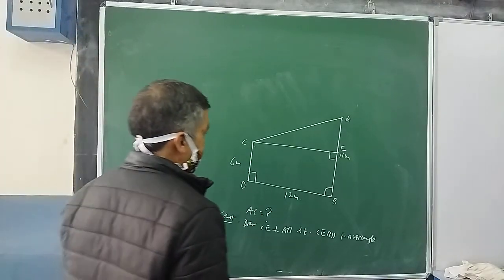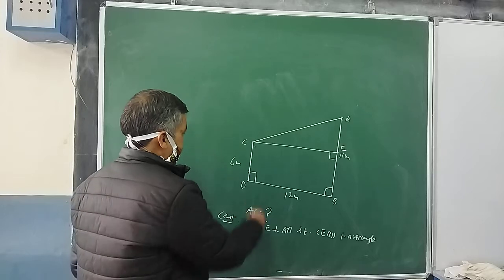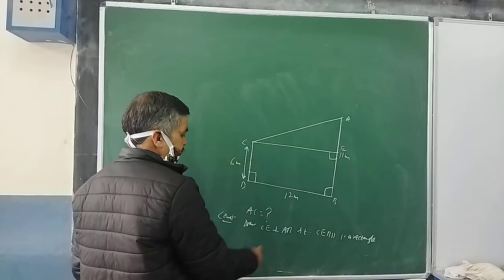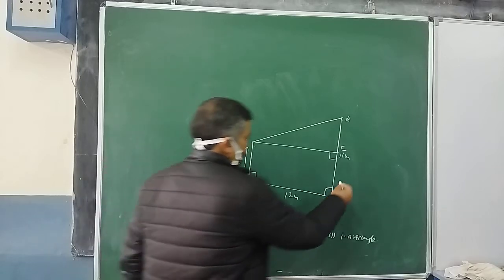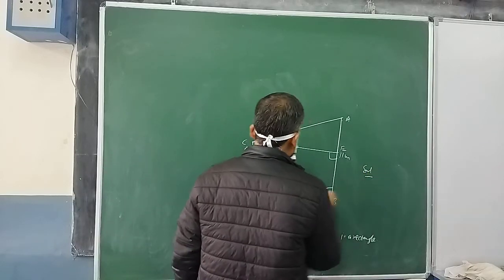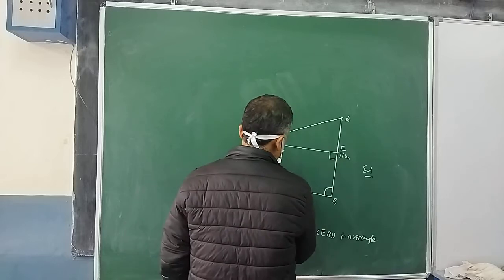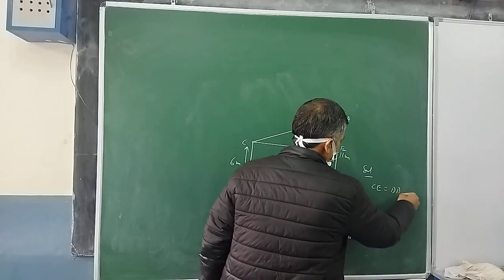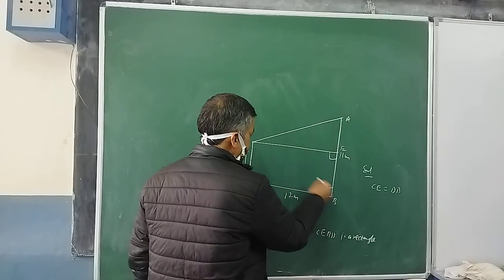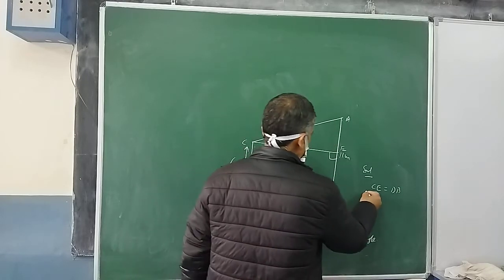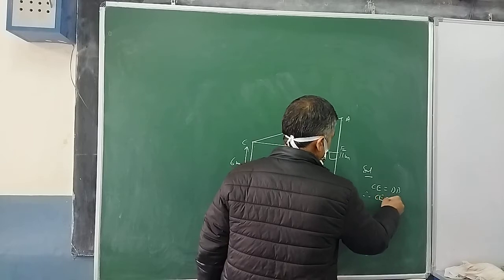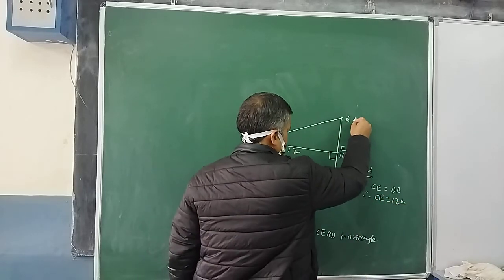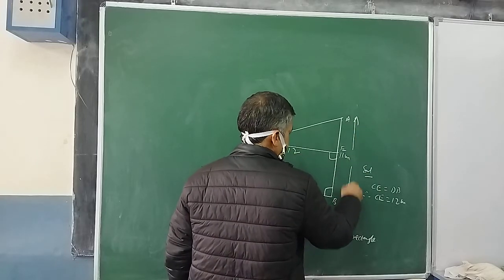Now what I need to prove is, here you see this is 6 from here to here. So in my solution to this problem, first of all I write CE is equal to DB. Here this is given 12, so CE is equal to 12. Then this whole was 11.